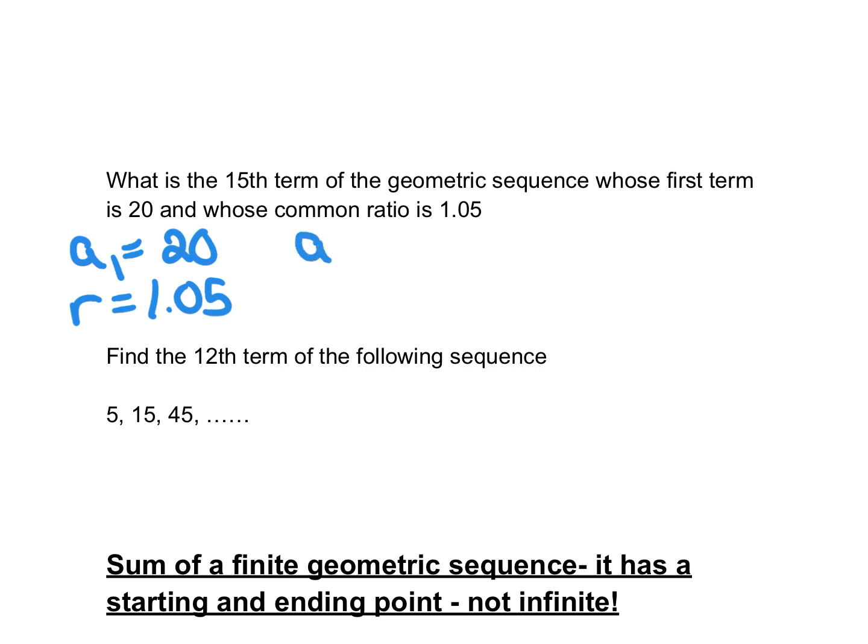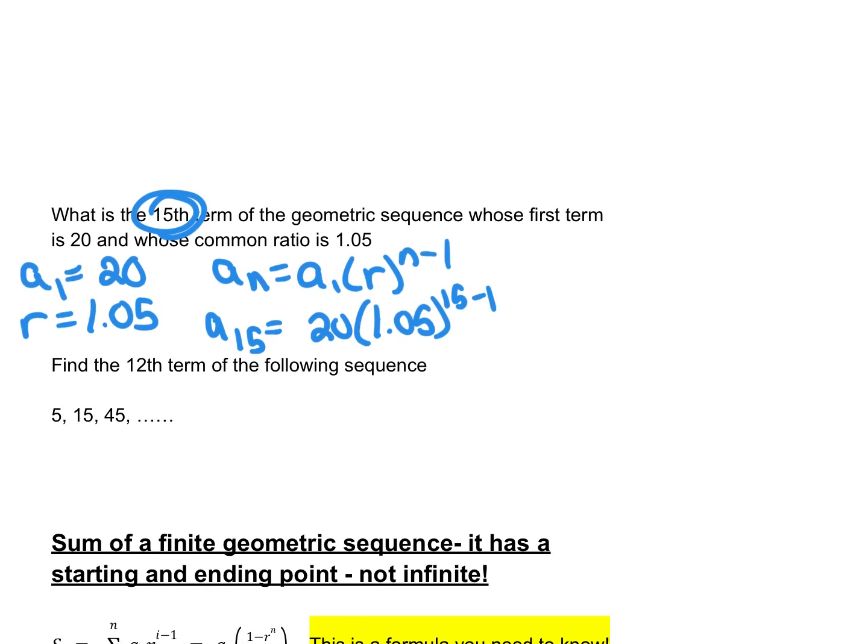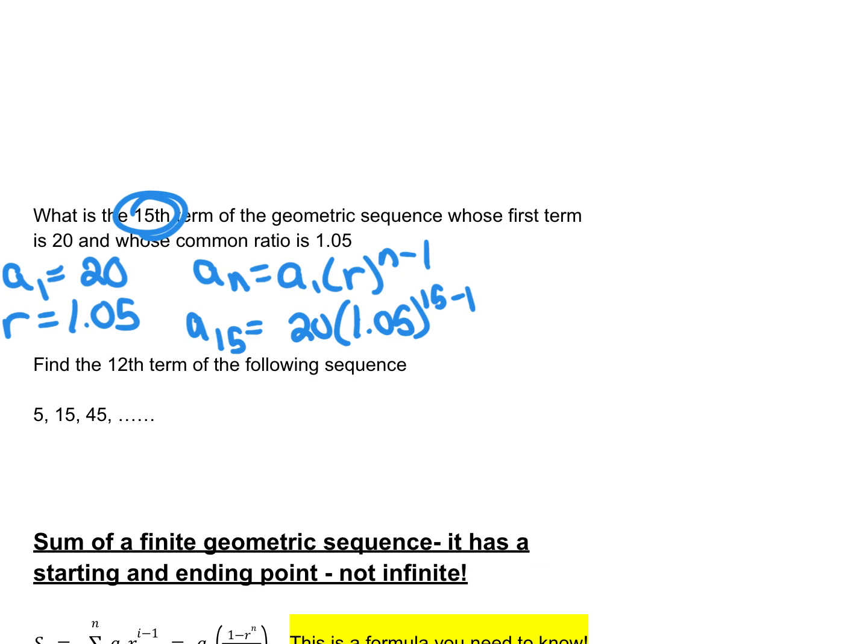So we're going to use that formula, a sub n equals a sub 1 times r to the n minus 1, which would give us 20 times our ratio 1.05, and we are trying to find the 15th term, so it's actually going to be a sub 15, to the 15 minus 1. Now, when we go to put this in our calculator, we need to be very careful because we do not multiply 20 times 1.05.